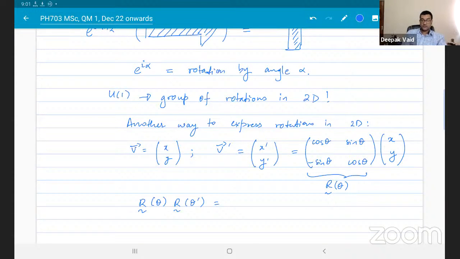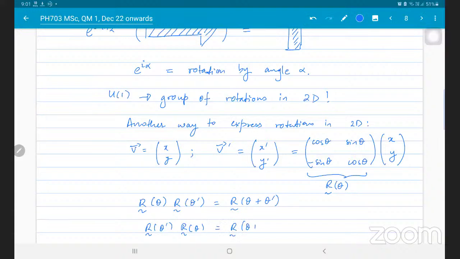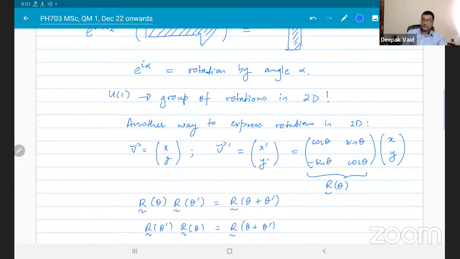Rotation by theta plus theta prime. What about R(theta prime) R(theta)? Same. They commute. So this is an abelian group.